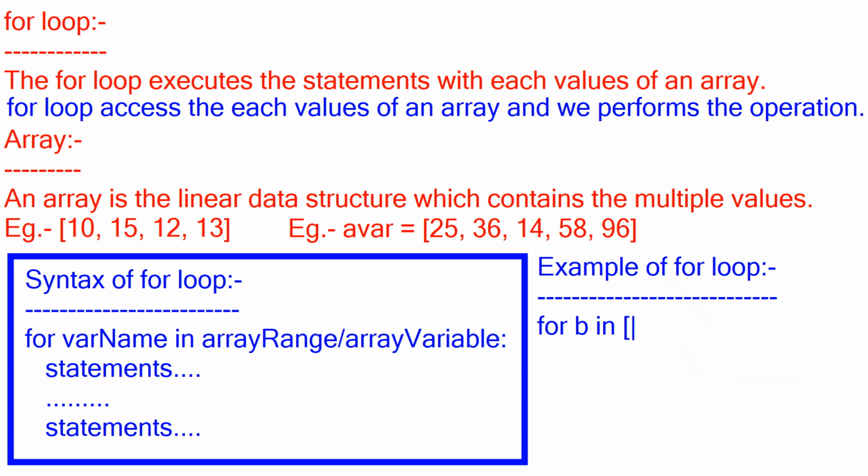Then we give the array, using an array range with values 10, 25, 36, 90 and 31. Then colon, and then I am printing b. Print b. That's it.